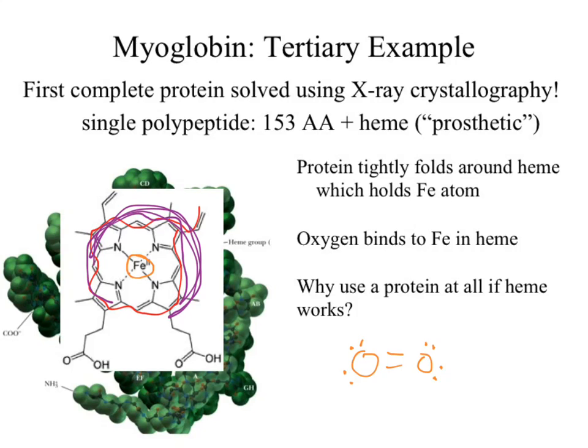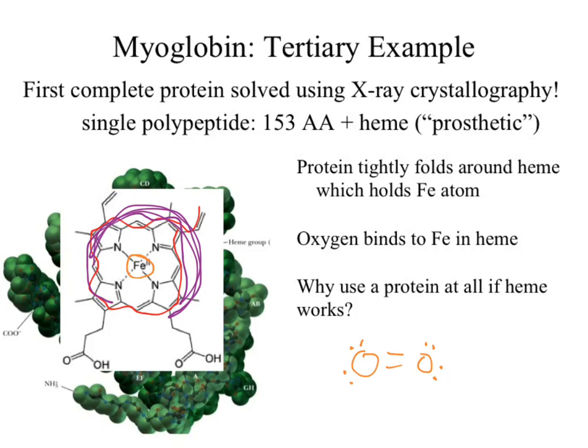Easily release it. It needs to be reversible. It needs to be able to get rid of that oxygen atom. If it can't get rid of the oxygen atom, then great, it binds the oxygen, and then what? Okay, if it never gives it up, then it defeats the purpose of transporting it, because now you're just transporting this giant massive block around that happens to have oxygen attached to it. So we have to be able to get the oxygen off.